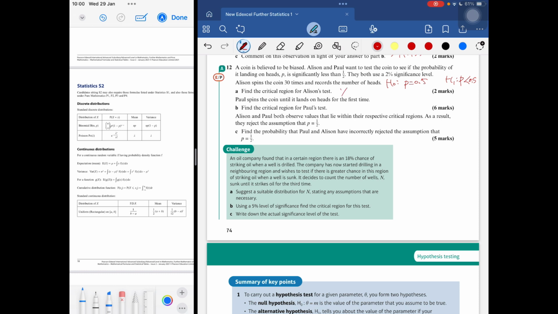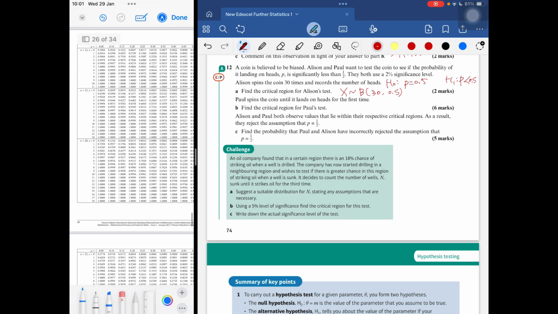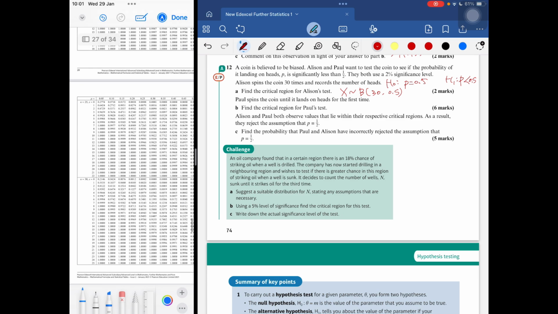And for Allison, X is following binomial 30, 0.5, because we always assume that the null is true. So this is the one. And for 2%, we need to find the significance level. Binomial cumulative, 30 and 0.5.